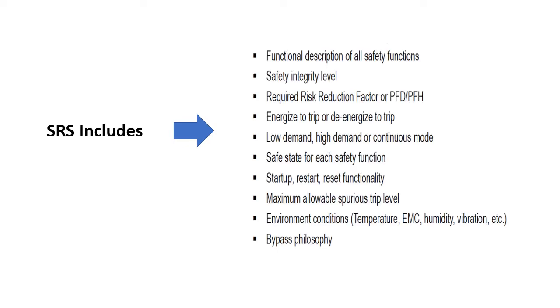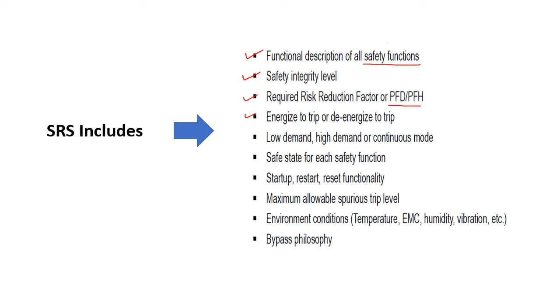So as per IEC 61511, SRS should contain the following at minimum. It should have a functional description of all safety functions. What a safety function is and how to define it, we have already discussed. Then, what is the safety integrity level? What is the required risk reduction factor or RRF, or the PFD and PFH?